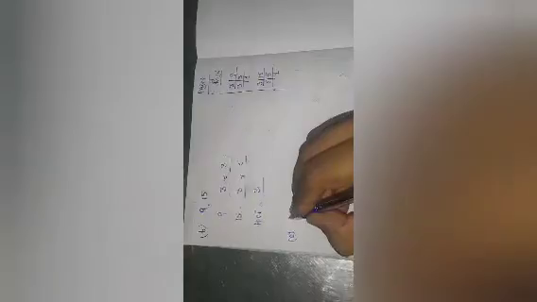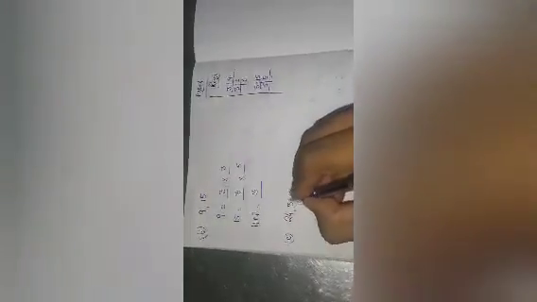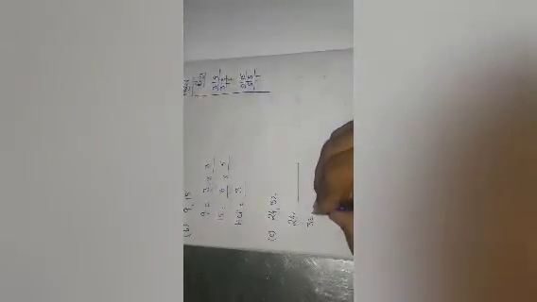Okay. Now C I will also solve. C, 24 and 32. Same thing. 24 is equal to filling the blanks, 32 is equal to filling the blanks, then HCF is equal to filling the blanks.